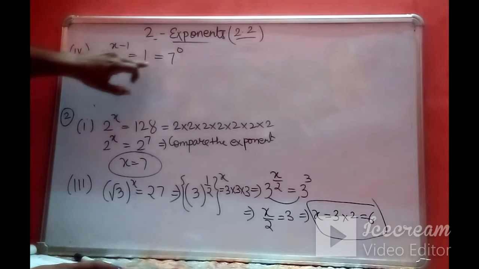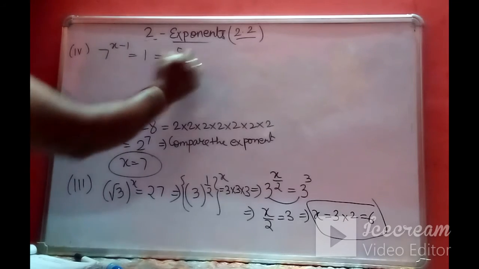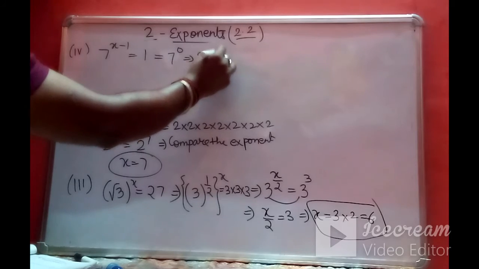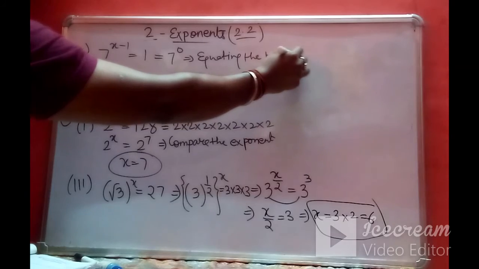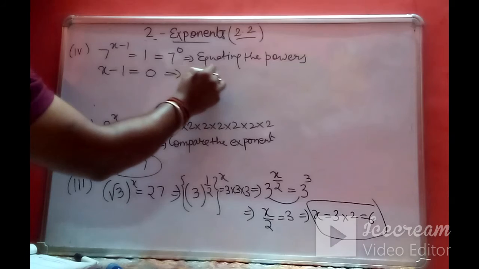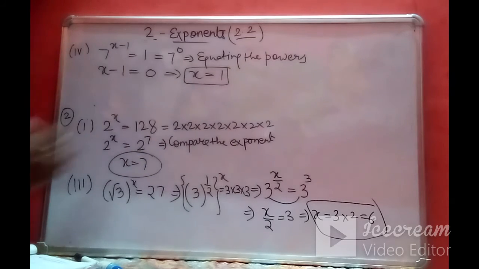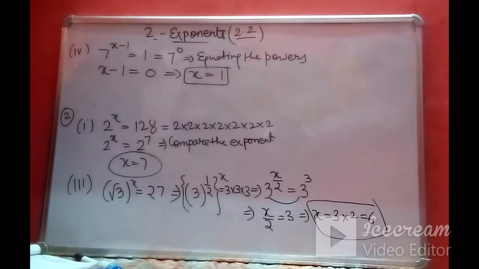So I have written 1 in this form, 7 to the power 0. Now equating the powers, we get x minus 1 equal to 0. So from here x will be equal to 1. Whenever on the RHS you have 1 and on the LHS only a single base is there, you just convert that 1 into the power of 0 so that it will give you the same base.